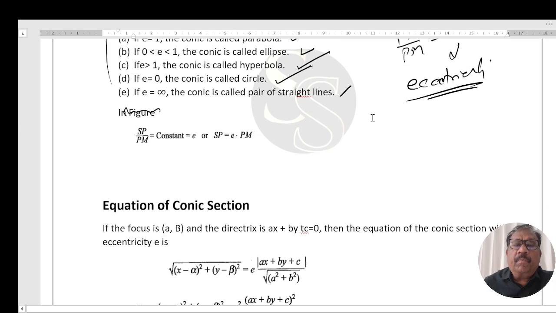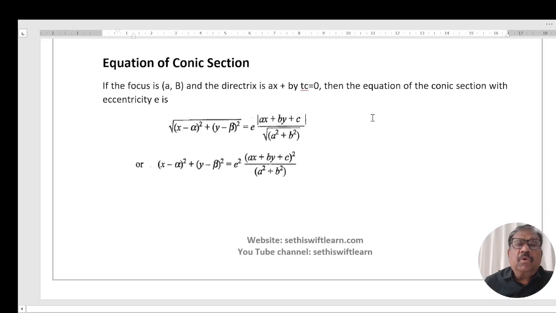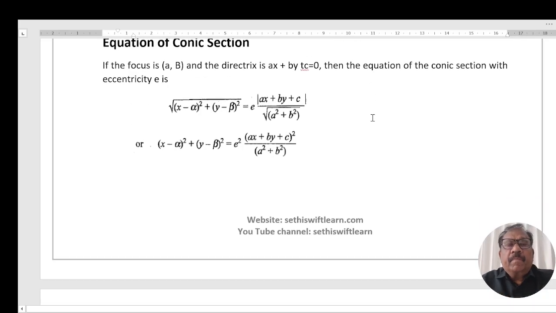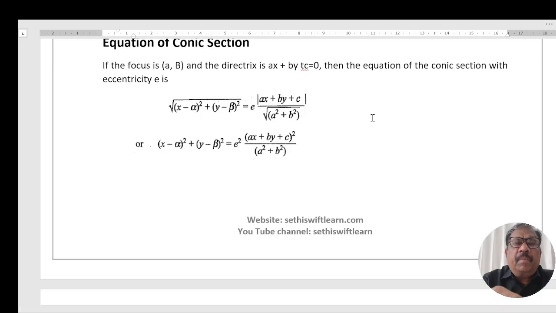Right, now the equation of the conic section. If (alpha, beta) is the focus, say this is alpha, this is beta, and the directrix is ax plus by plus c equal to 0, then the equation is PF equal to e times PM.